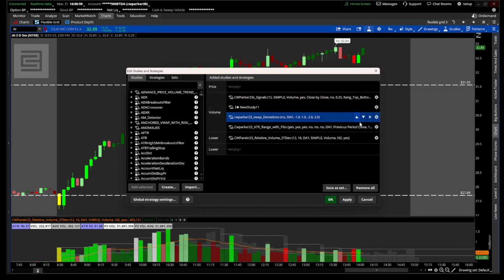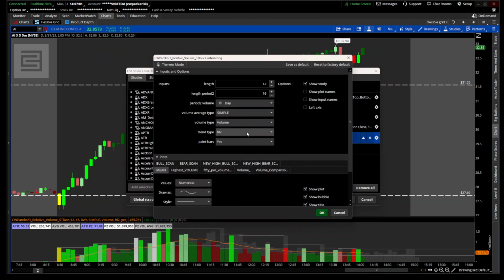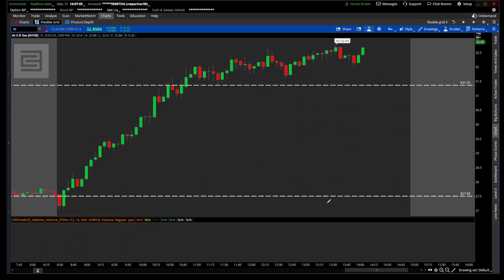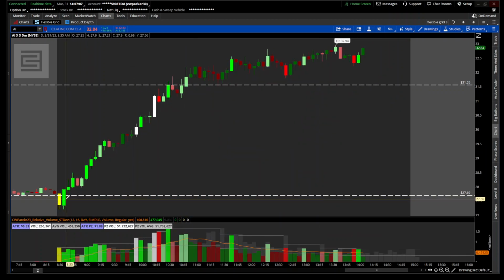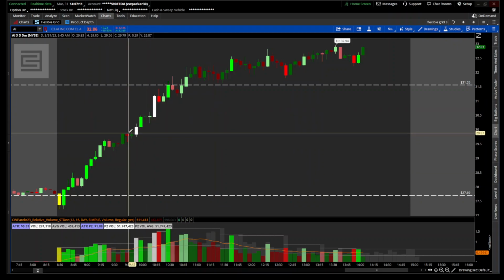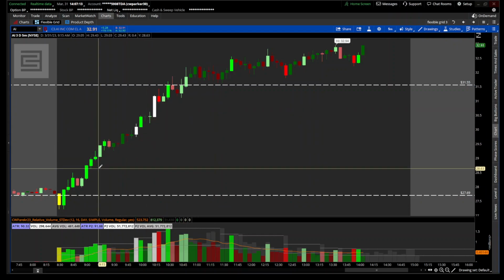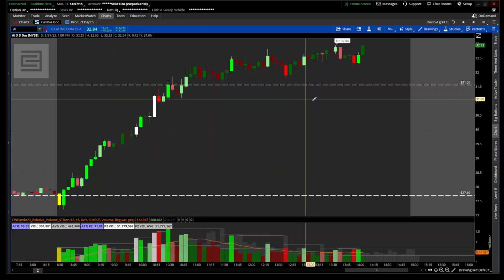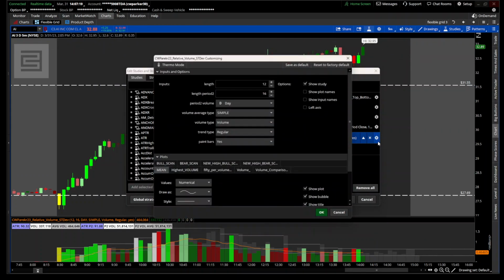It gives you a different profile, and regular is open and close. So if the close is greater than the open of the candle, that's regular. It's just showing you the regular price action of red and green candles. So that's the regular side.